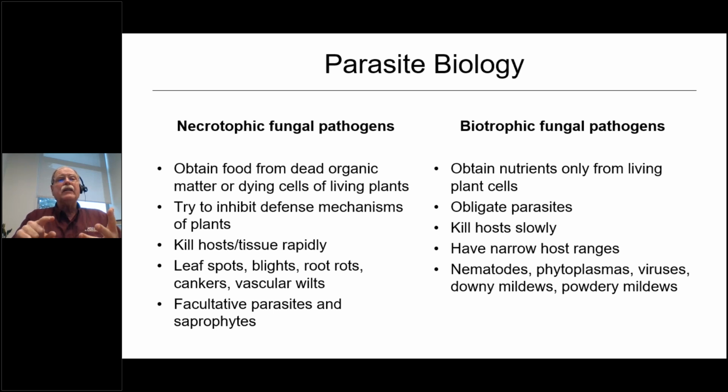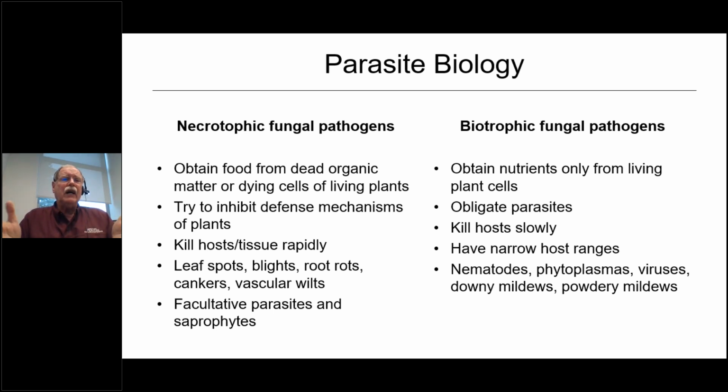And also, the fungus is trying to kill the plant cell itself, because if the plant cell detects that it is being attacked, it will go through what we call programmed cell death, which produces a whole lot of obnoxious compounds that are toxic to the fungus. And the fungus is trying to stop that from happening. So it's going to kill the host tissues very rapidly.